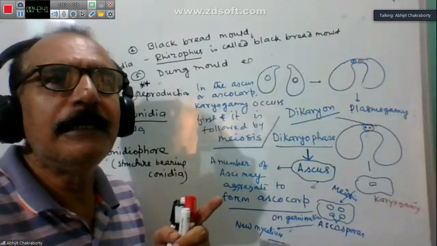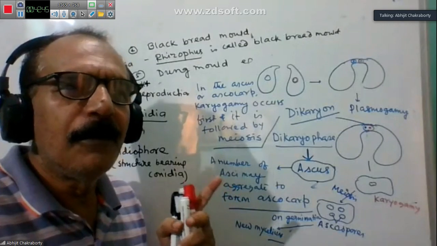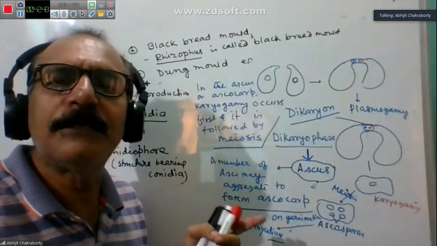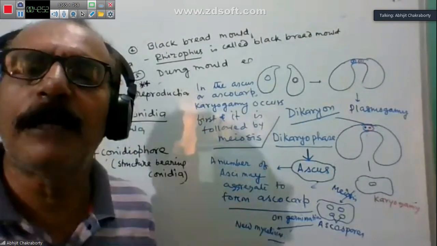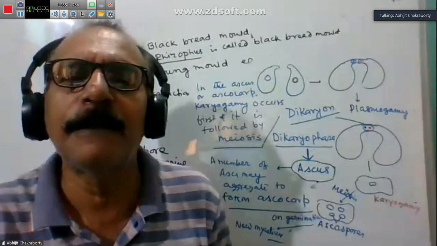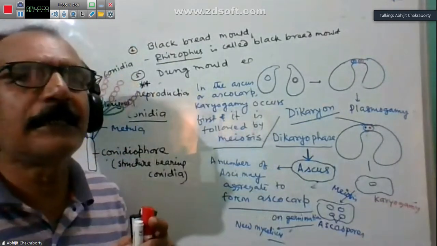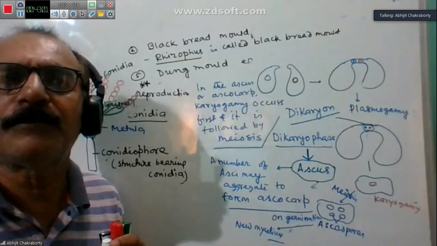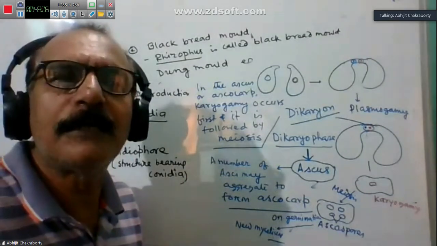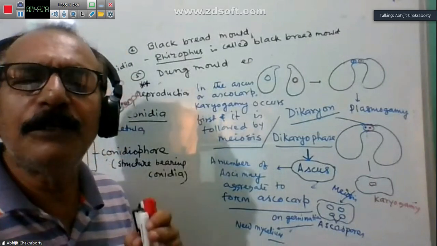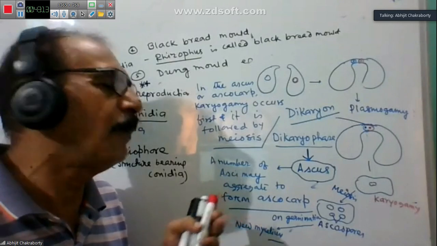This is about, you need to remember two things here. First of all, in ascomycetes and basidiomycetes fungi, plasmogamy is not immediately followed by karyogamy, so that a transitional phase is developed. Secondly, you need to remember this transitional phase is called dikaryophase, which gives rise to ascus. As ascus is developed, hence the group name is Ascomycetes. And you need to remember ascus may occur singly or they may aggregate to form ascocarp.